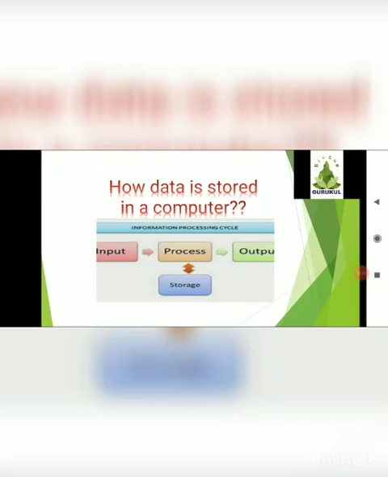Each and every 0 or 1 is known as a bit, and a group of 8 such bits is called a byte. A byte is the fundamental unit to measure the storage capacity of a computer. After processing, the information again has to be converted to the human readable form to display in the output unit.